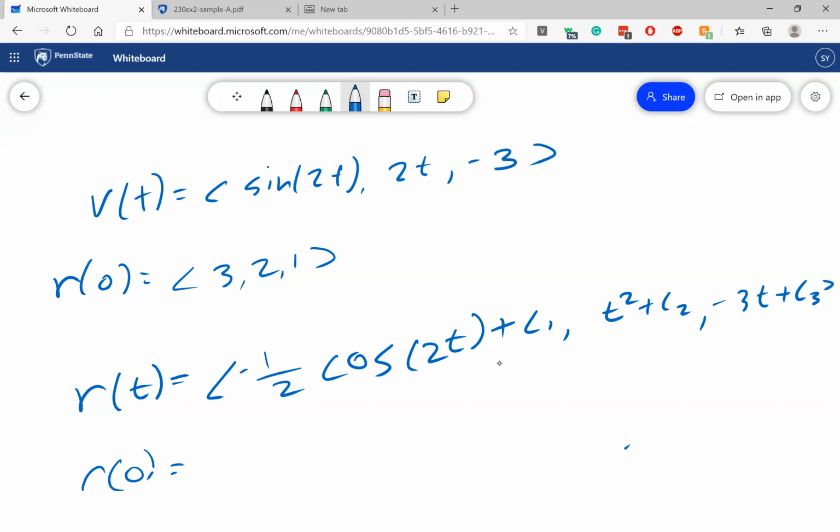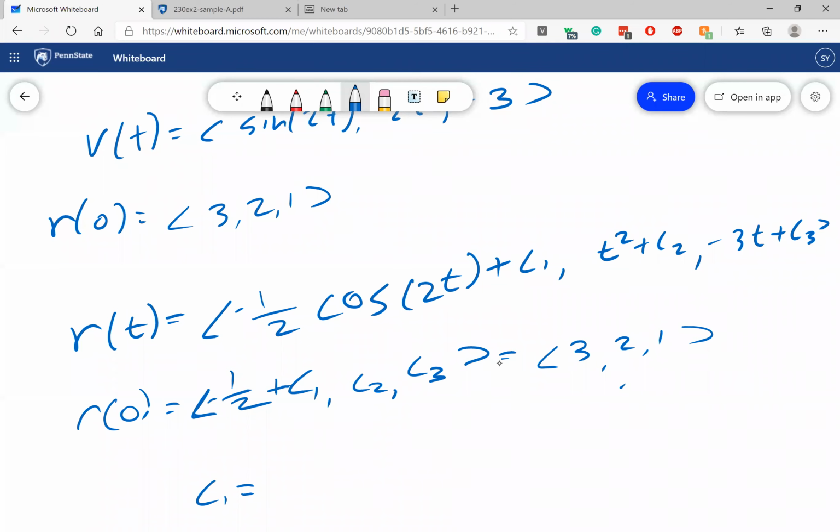So r of 0 from here is going to be (-1/2 plus c1, c2, c3), and that is equal to (3, 2, 1), which means that c1 is equal to 3.5, c2 is equal to 2, c3 is equal to 1.